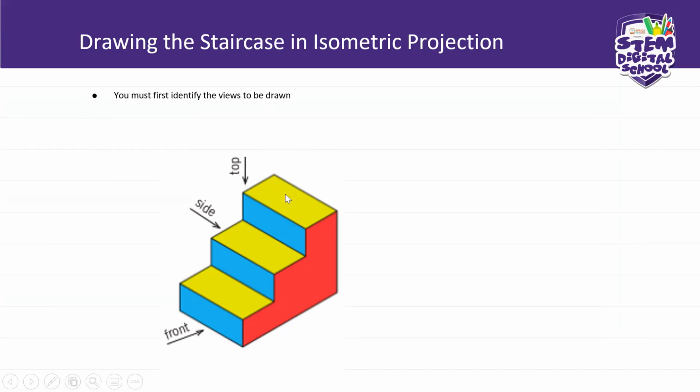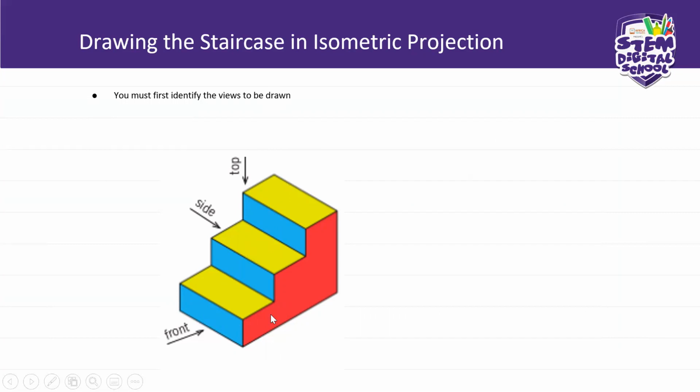You see only the yellow parts. So your top view would be a representation of these yellow parts. That would be your top view. The front, as I told you before, you can decide that this is your front. So the front would be a representation of these blue blocks.